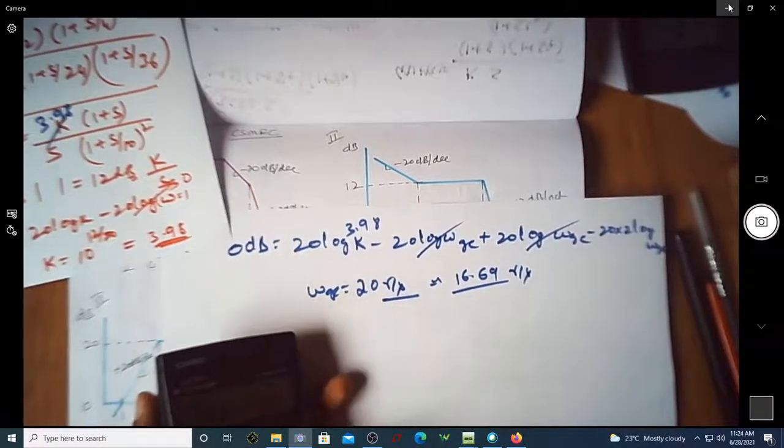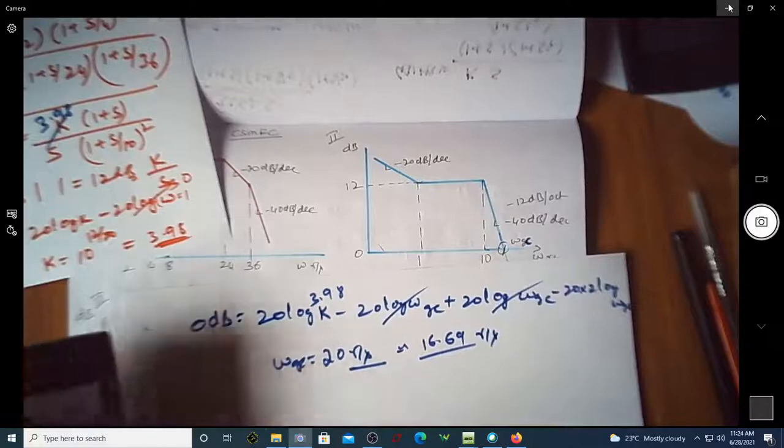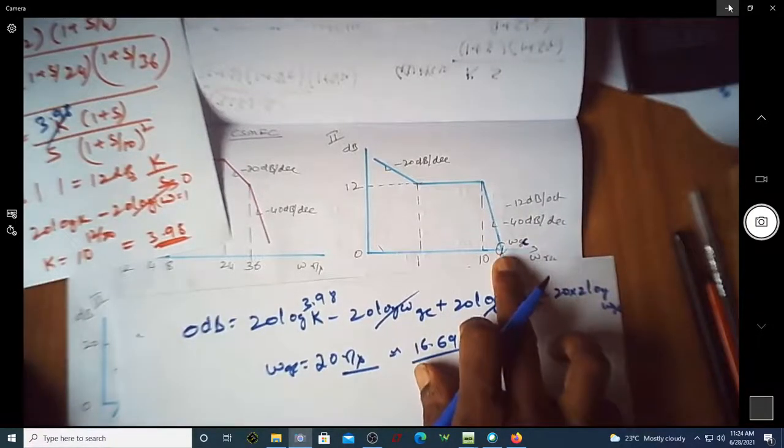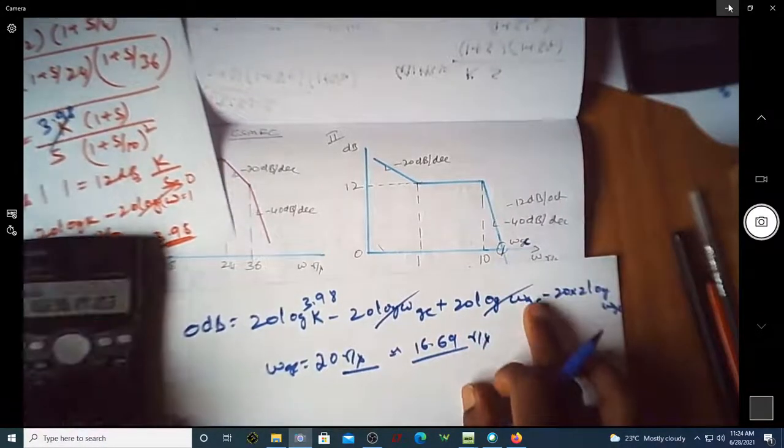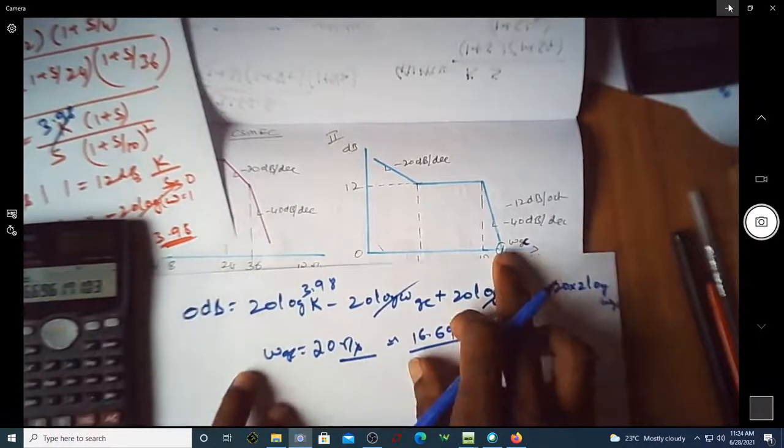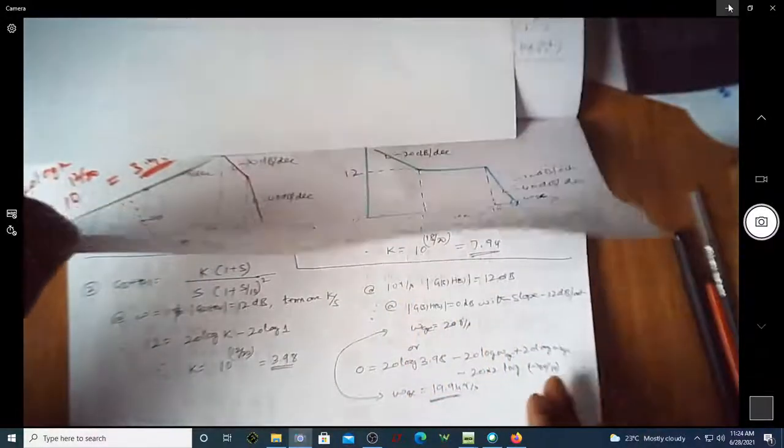So this is the value of omega GC. You can see this is the value for the gain crossover frequency.